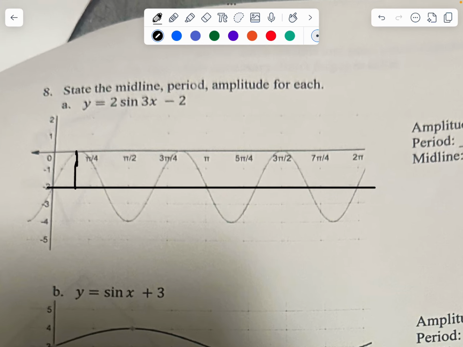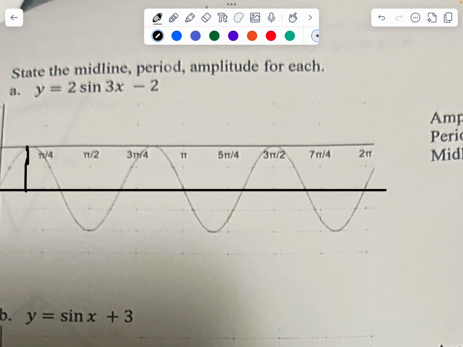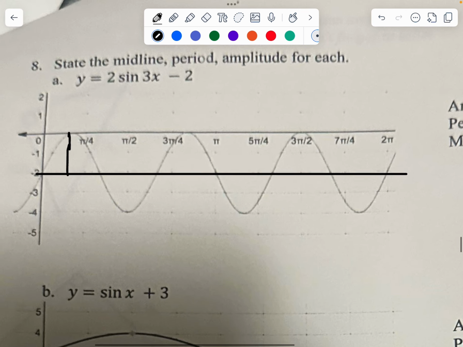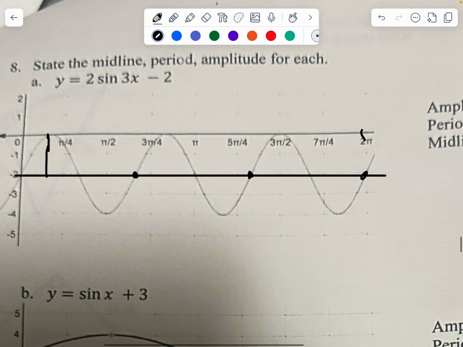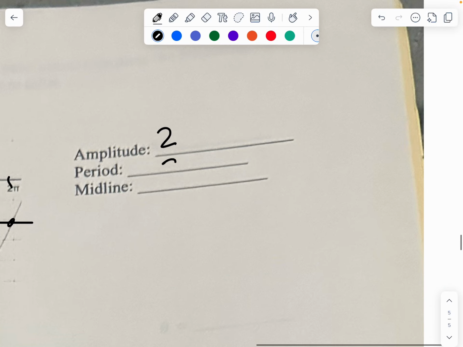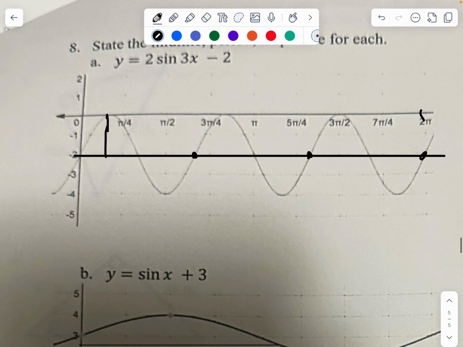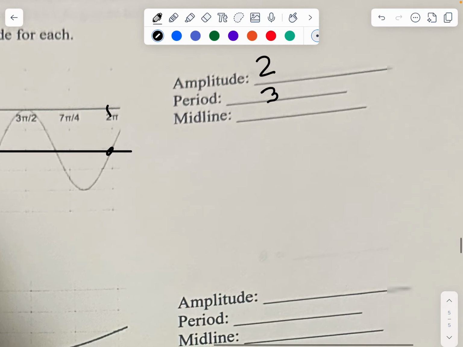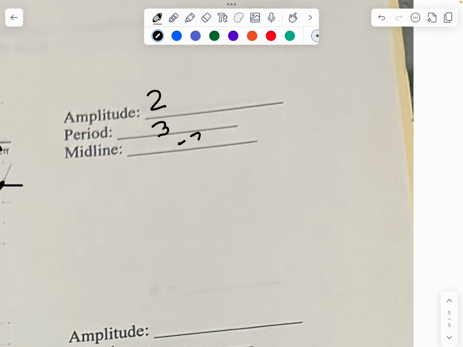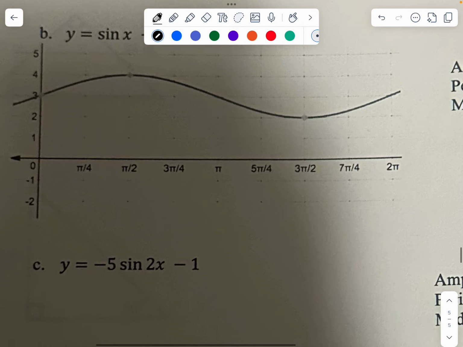Period is how many cycles it does in 2 pi. You can look at the graph and think about it: there's 1, 2, 3 cycles, and we're at 2 pi here, so it's going to be 3. And our midline, I already drew a line there, is going to be negative 2. Next one.